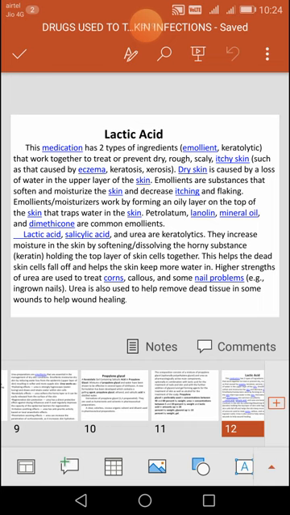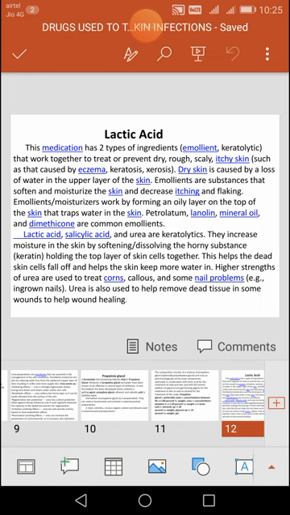Petrolatum or lanolin, mineral oil, and dimethicone are the common emollients. Then lactic acid, salicylic acid and urea are the keratolytics. They increase the moisture in the skin by softening and dissolving the horny substances holding the top layer of skin cells together.